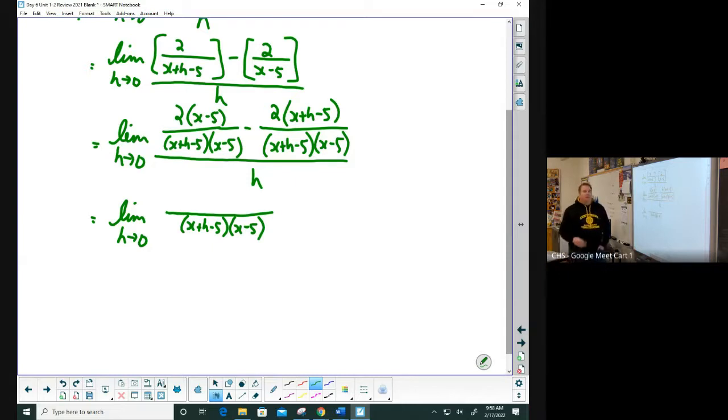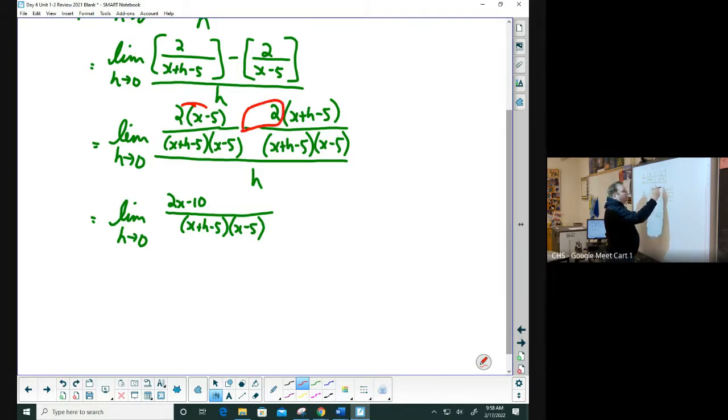So on the top, I'm going to do a couple of steps here. The top is 2 bracket x minus 5. I'm going to rainbow that as I'm bringing it together. So that's 2x minus 10. And then I'm subtracting this rainbow. Since I'm subtracting, I'm going to rainbow a negative 2 into the second part.